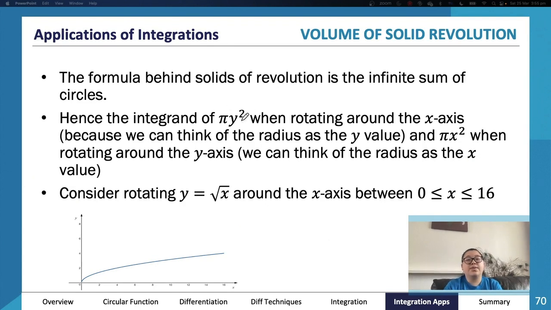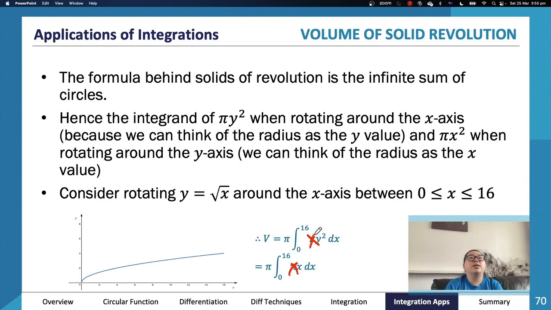For example, if we considered this being rotated around the x-axis from x equals 0 to x equals 16, we would put in the terminals 16 to 0 and put in the equation. We don't need an extra pi there. When we square it, we would get that this is just x, right?